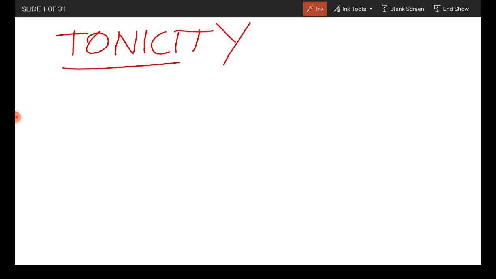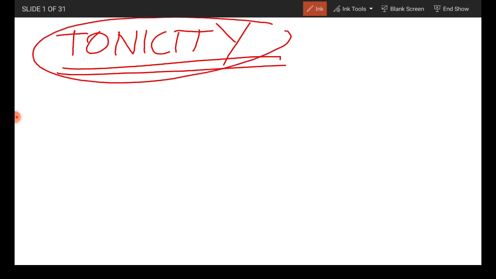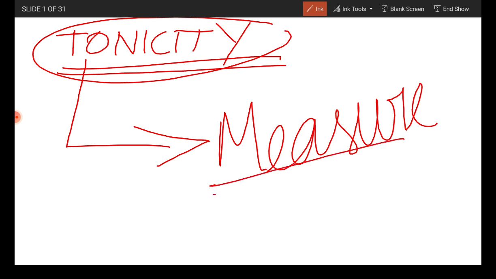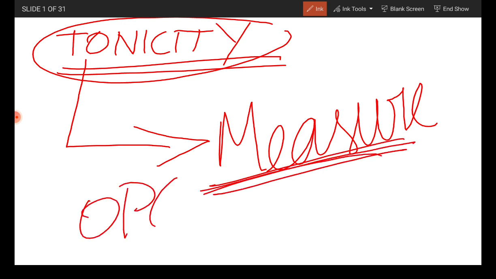Now we will see about tonicity. What is tonicity? Tonicity is nothing but a measure of osmotic pressure gradient. We have seen what osmotic pressure is.